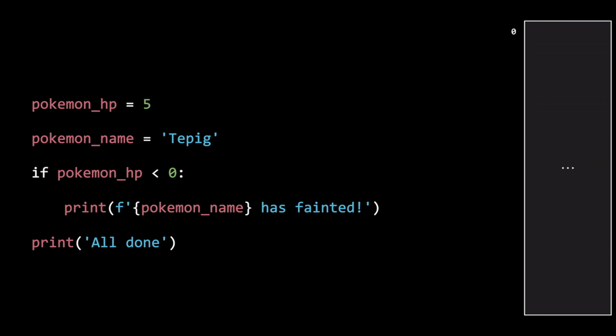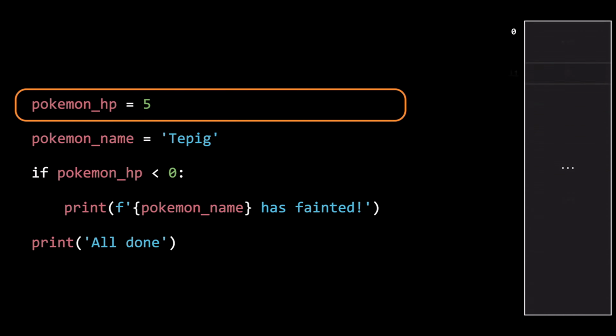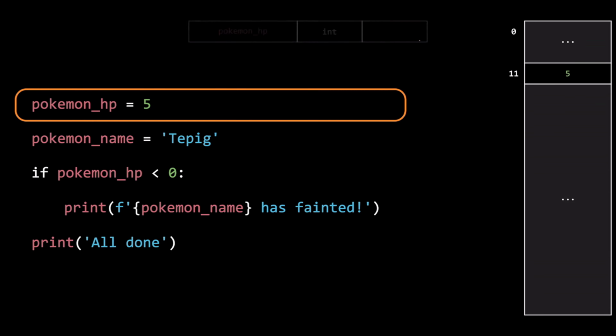Conditionals, or if statements, are code blocks that allow you to execute code conditionally. In other words, code only executes when some condition is true. In this case, we have a small program that has a single conditional with only one statement that executes if the condition is true. First we have a variable, Pokemon HP, which is set to 5.